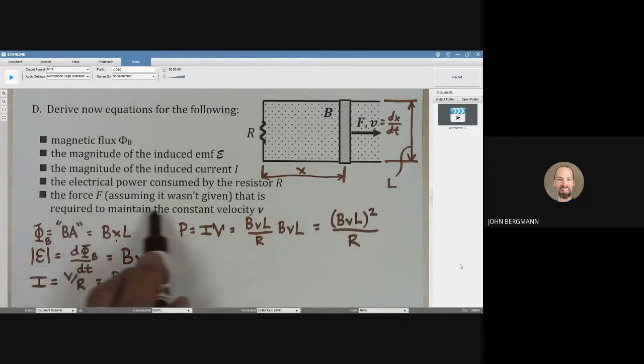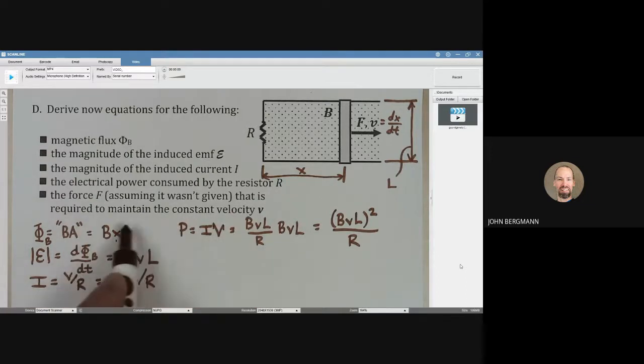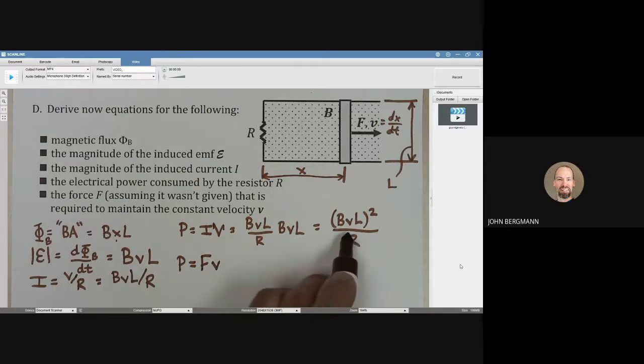And what about the force, assuming it wasn't given, that's required to maintain this constant velocity v? All right, well, that was an equation from mechanics a long time ago, but one of them was that the power was the force times the speed. And so if we want the force, we're going to have to take power and divide by v. So there's power right there. We need to divide that by v.